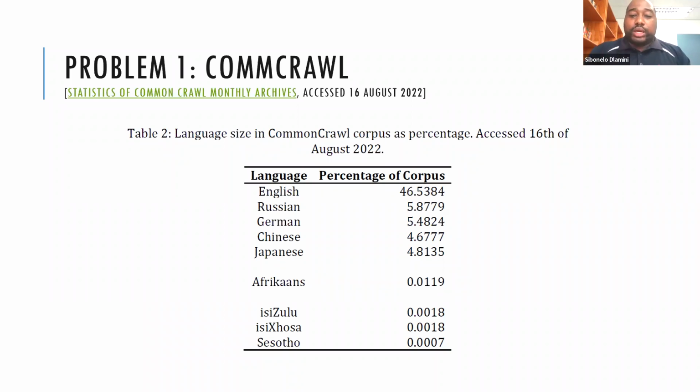But again, it has been trained on 0.0018 sort of percentage in terms of the corpus. And as much as, yes, we can use some techniques to try to create really good representation for isiZulu words, the reality is that the size of that isiZulu corpus is puny compared to the other languages.